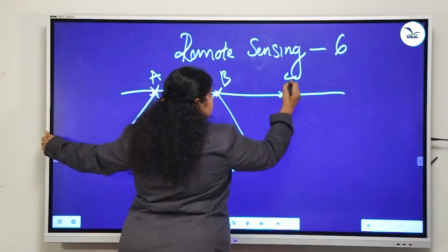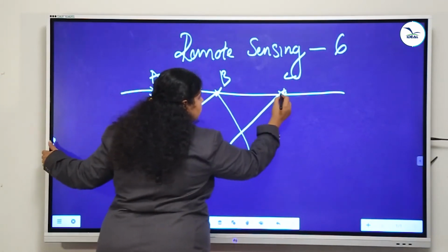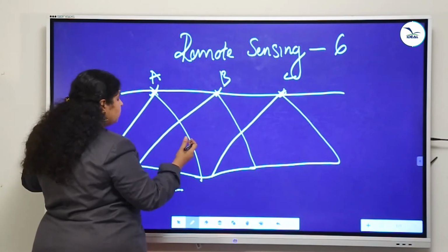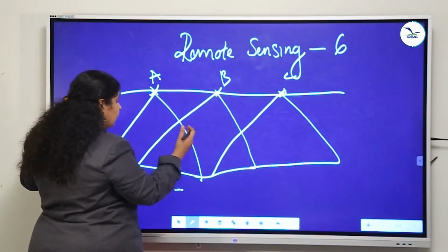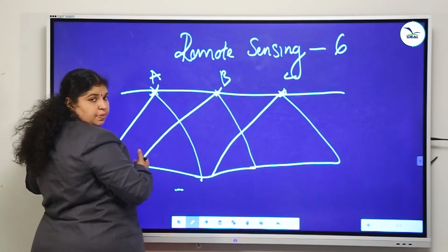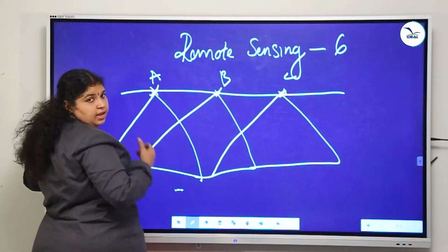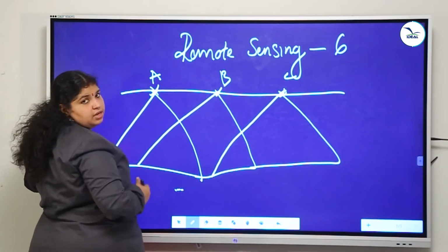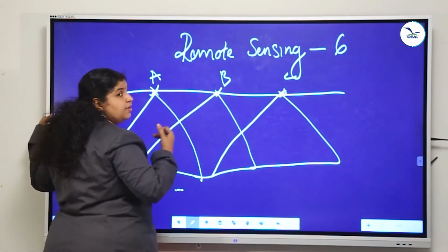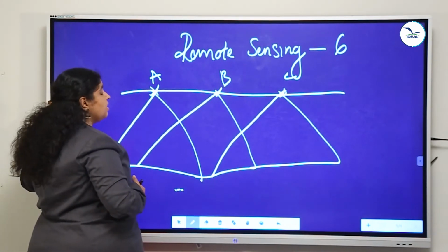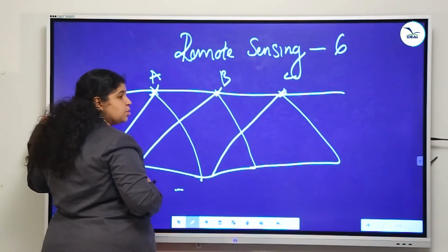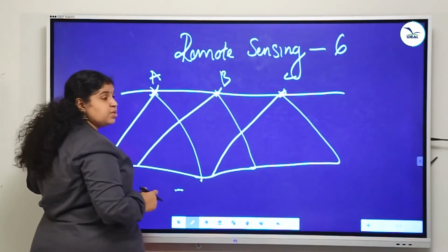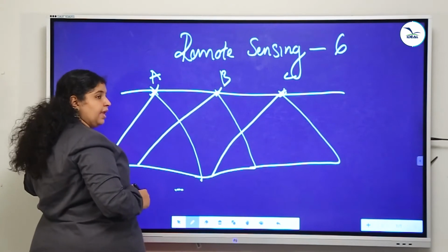And picture C contains 60% of picture B. This technique, taking the majority area of the previous picture in the later picture, is called overlay analysis. By doing so, we get a three-dimensional image and continuity of the photos. The instrument that gives a three-dimensional picture is called a stereoscope, and two such adjacent pictures are called a stereo pair.